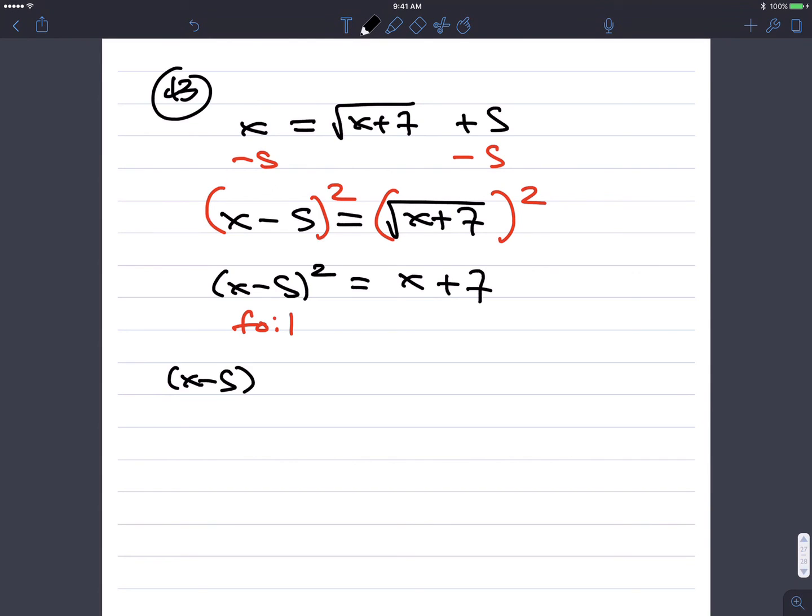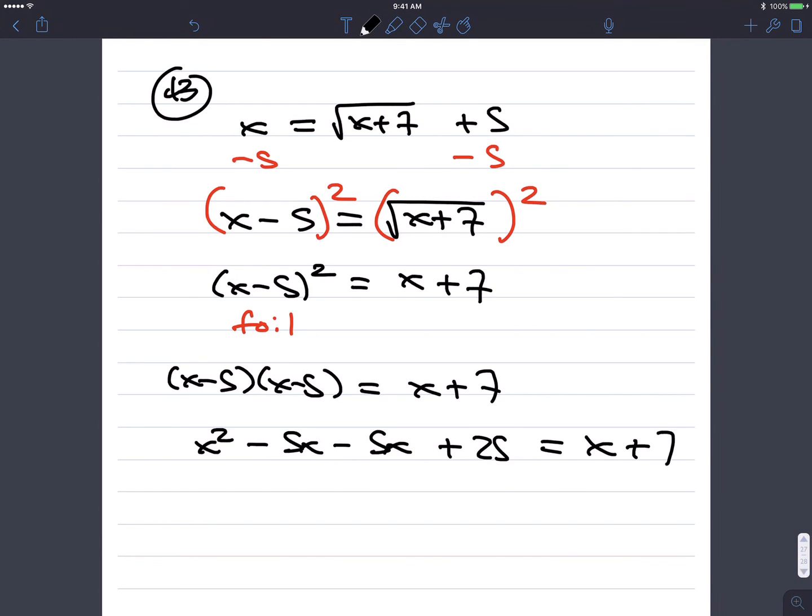That's x minus 5 times x minus 5 is x plus 7. X squared minus 5x plus 25 is x plus 7. X squared minus 10x plus 25 is x plus 7.